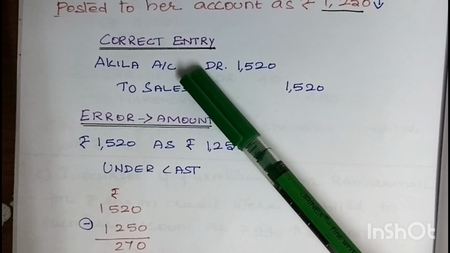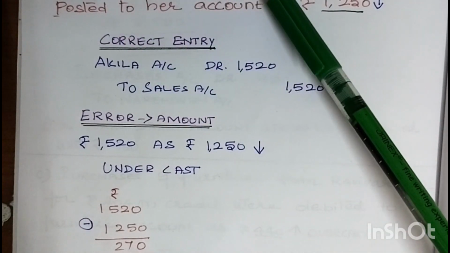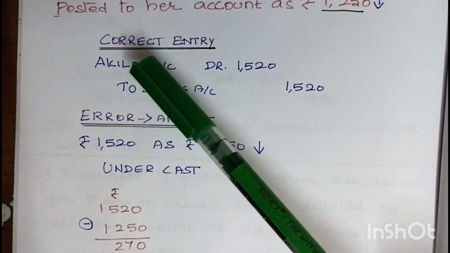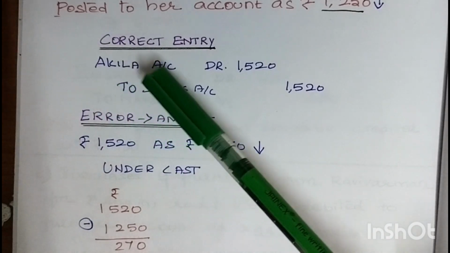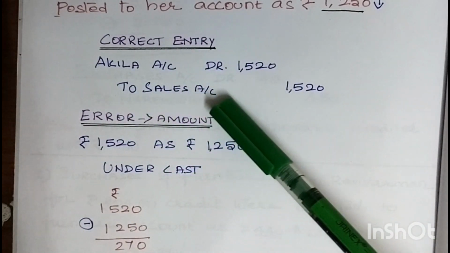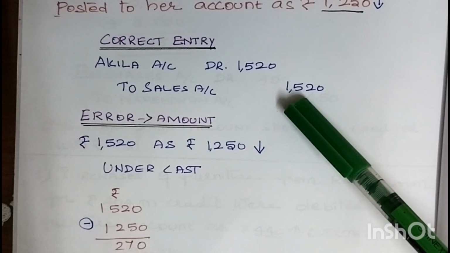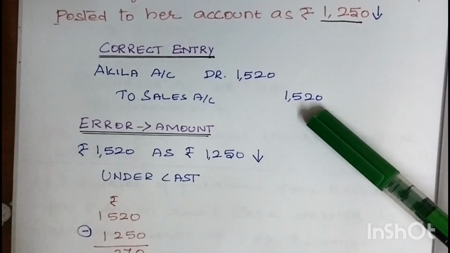Akila is the receiver, because you sold goods to Akila. Debit the receiver. So Akila account debtor 1520, sales account 1520. Okay. Where is the error?